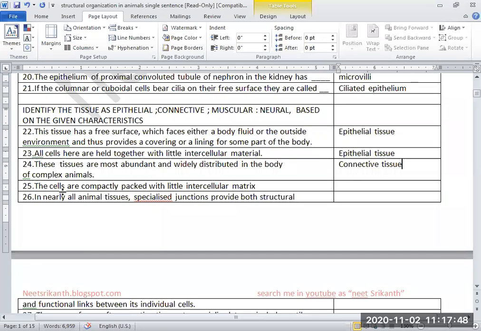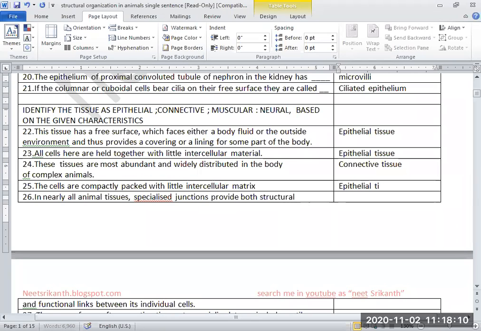Then the cells are compactly packed with little intercellular matrix. The same again: epithelial tissue.